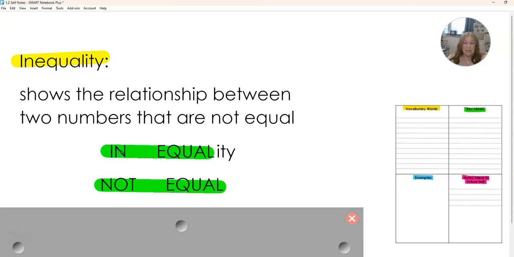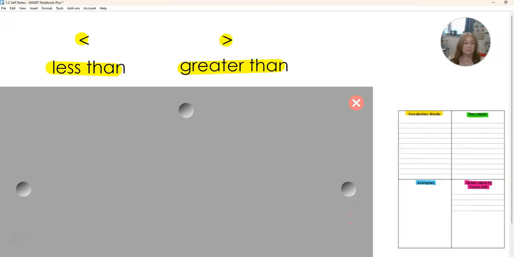If it is unequal, that prefix means not. In means not. It is not equal. That word inequality literally means not equal. So we are showing which one is bigger, which one is smaller. So make sure you have that information where it needs to go on your notes.